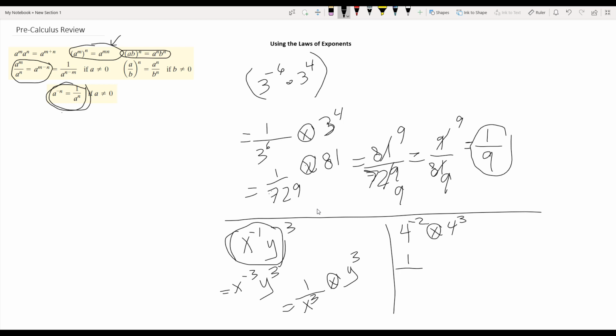Again, same principle. That will be equal to 1 over 4 to the 2nd power times, what is 4 to the 3rd power? Well, that's simply 64. Okay, so you got 1 over 16 times 64. So 64 over 16.